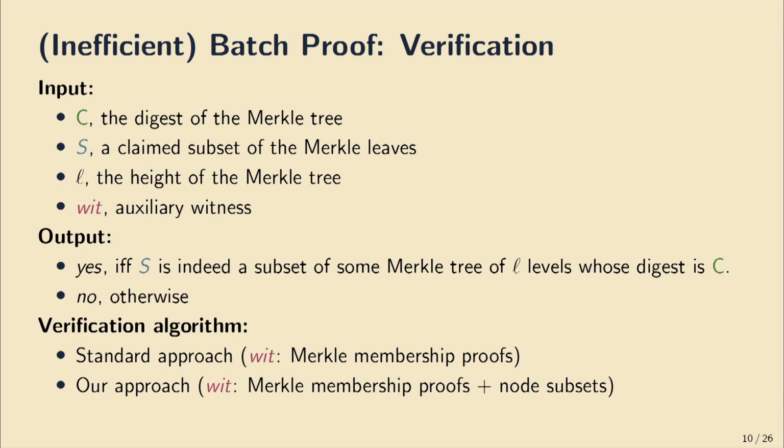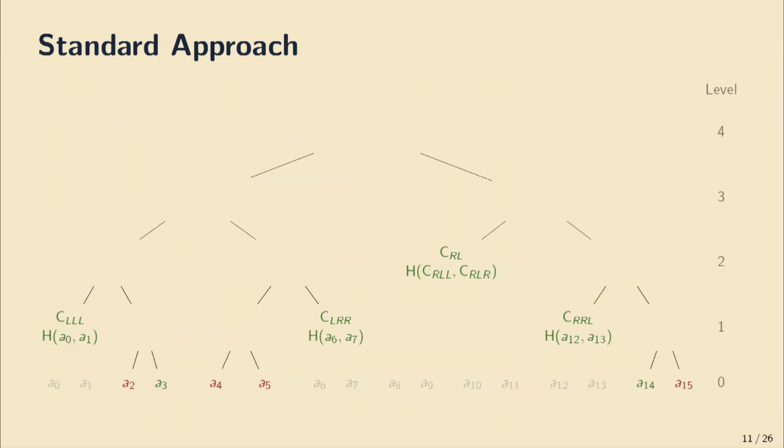Okay? So the standard approach, I'm sure you're all familiar with. This is the witness. These are all the individual Merkle proofs of the elements. So the way to do it is basically you start verifying every single membership proof one at a time, right?